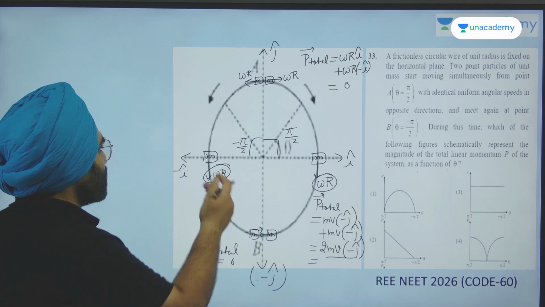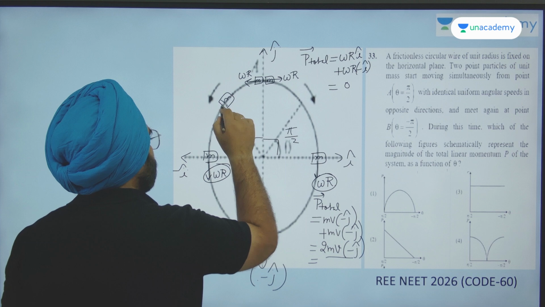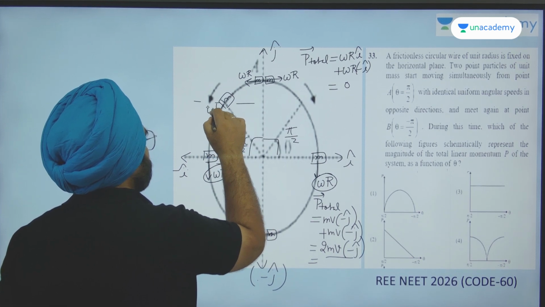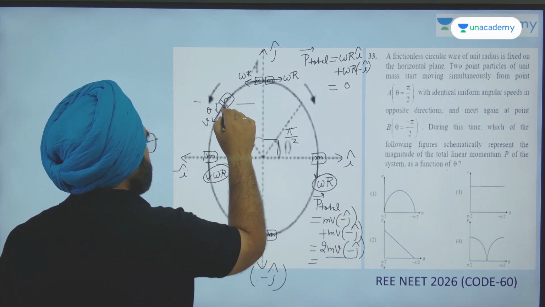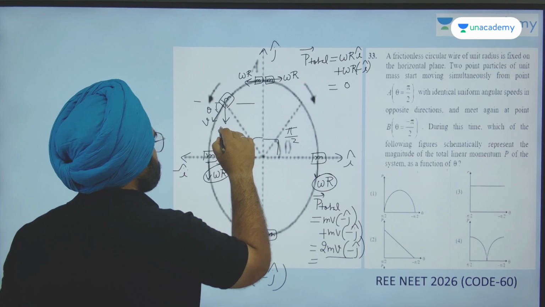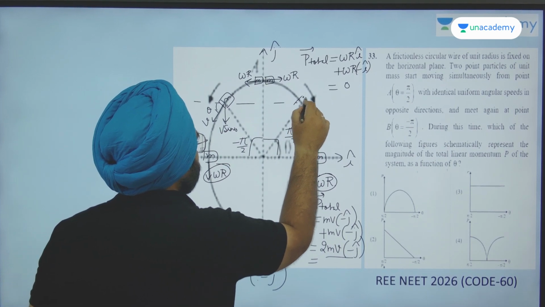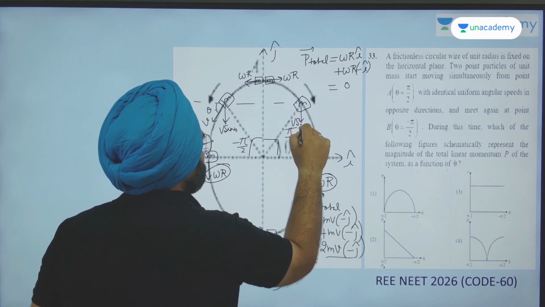For example, you are taking it here, and with the horizontal it is making some angle theta. In that case, if the velocity is v here, which is obviously your omega r, it will have one component here: v sine theta.